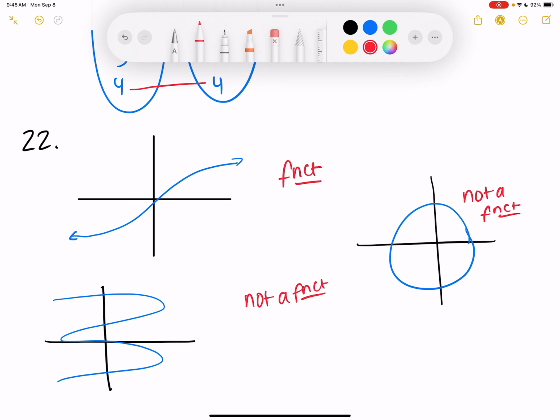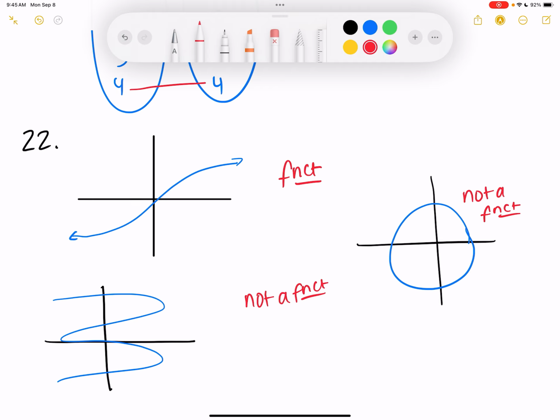All right, the last stuff in this section, there are some problems of just simply graphing lines. I usually just skip over those. I would hope by this point you know how to graph a line. Tell whether the function is linear. Okay, what does that mean? Linear. It's a line.